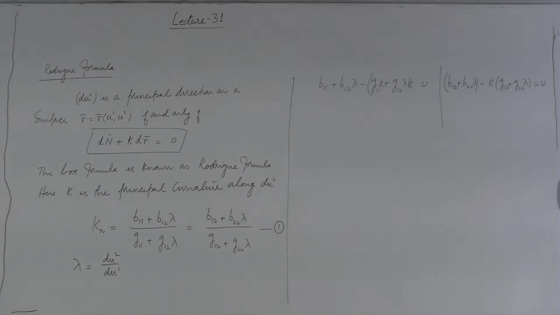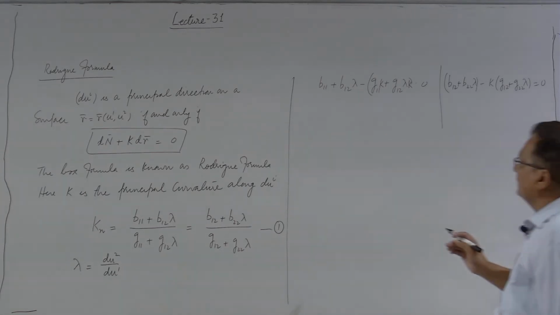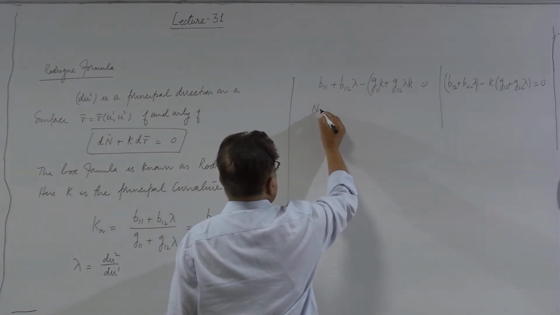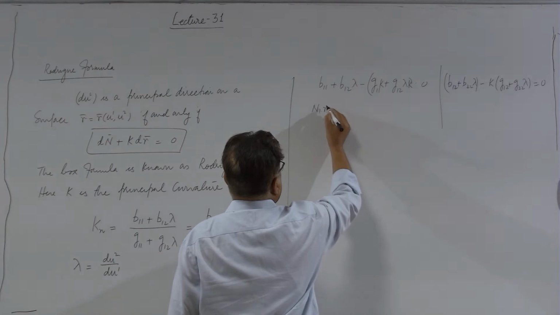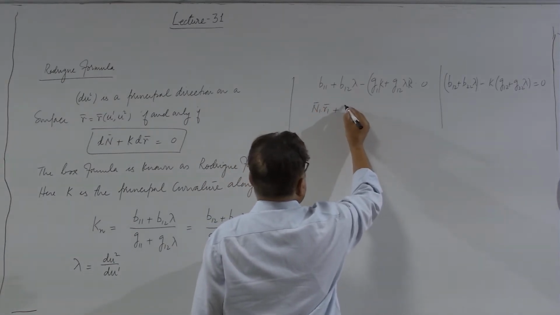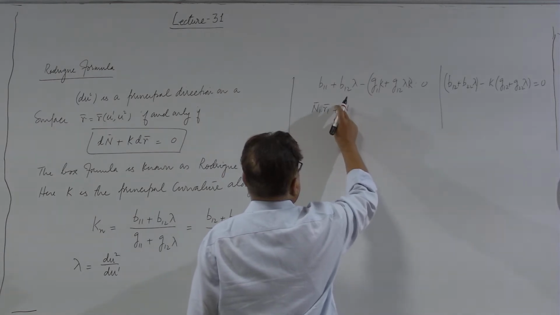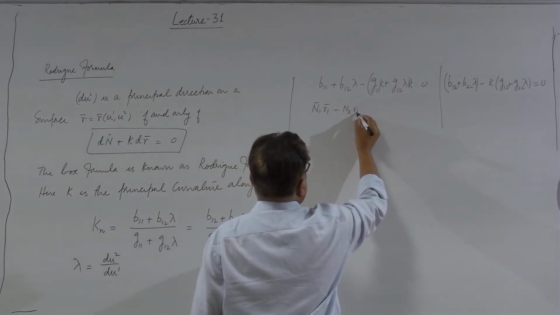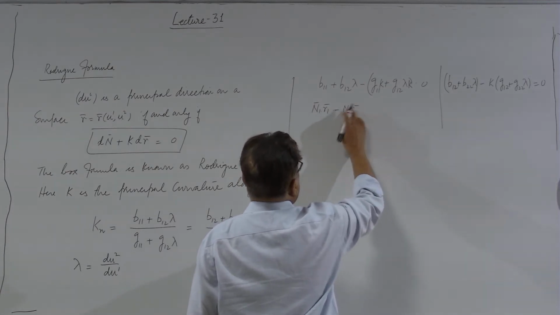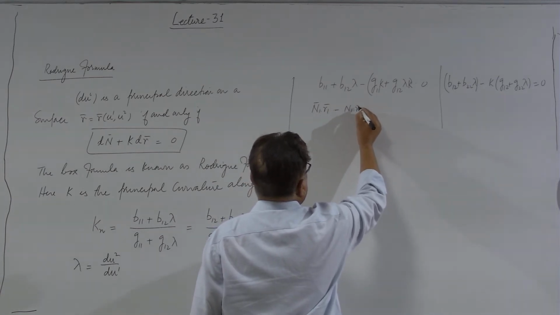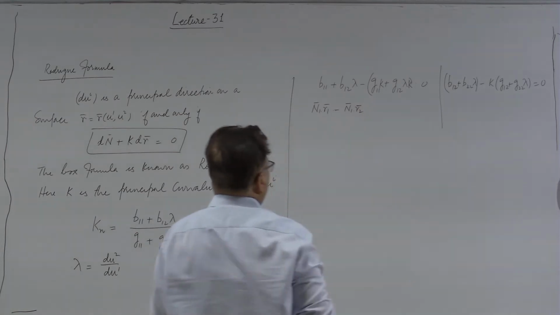I will look at both these expressions simultaneously. B11 we know is N1 dot R1, B12 is N2 dot R1, or okay, keep it N1 dot R2, both are the same, in fact it does not matter.